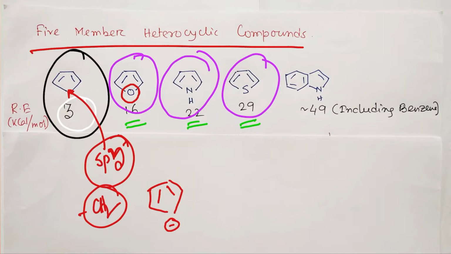Complete delocalization. Oxygen prefers to localize electron density closer to itself due to its electronegativity, but the aromaticity concept is completely against this. So these two cancel each other, consequently the aromatic stabilization of furan is only 16 kilocalorie per mole, compared to pyrrole, which is relatively higher because electronegative nitrogen is slightly less than oxygen, and sulfur is more or less compared to that.